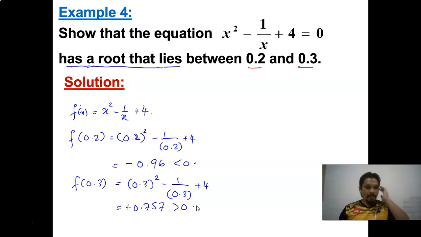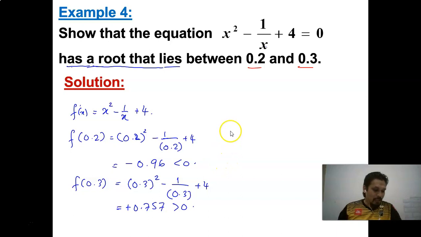Okay, now class, I mentioned just now, if we substitute these two values into the function f(x) and it gives us one negative value and another positive value, the sign changes from negative to positive or from positive to negative, either one.